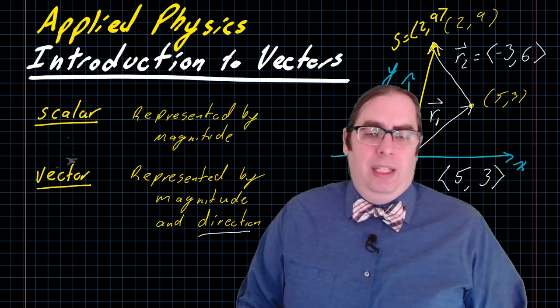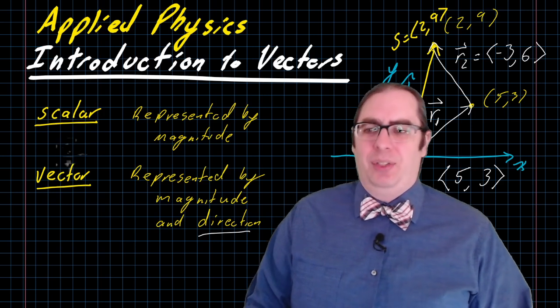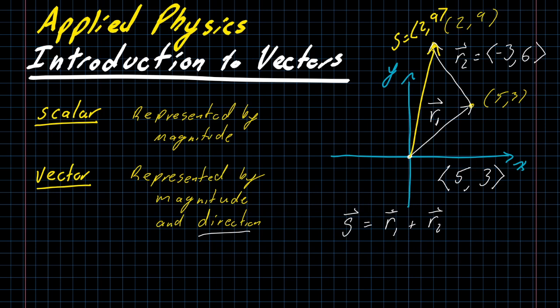So we need a better way of talking about how we actually talk about things. And the answer for that comes from the definition itself, a magnitude and a direction. Let's say we have a new vector.